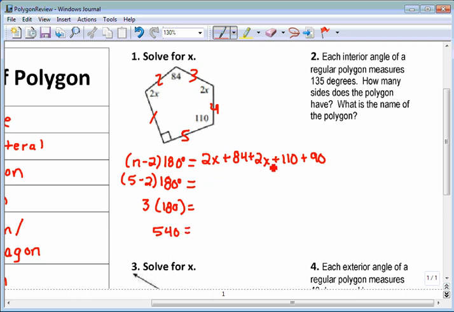We have 2x and 2x, which makes 4x. Plus, we need to add this together, 84 plus 110 plus 90 is 284 degrees. I'm just going to bring this down. So now I need to solve this. I'm going to subtract 284 degrees from both sides of my equation.